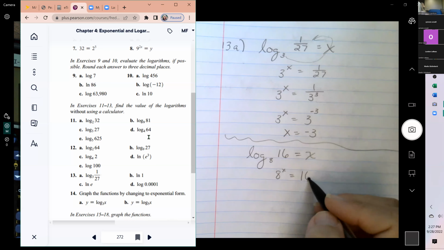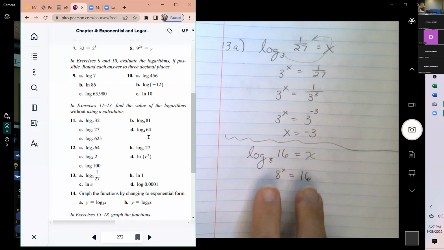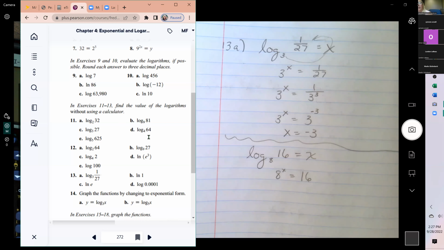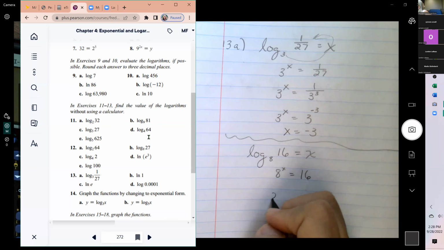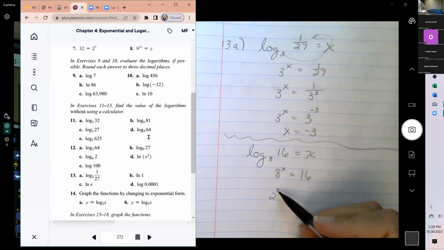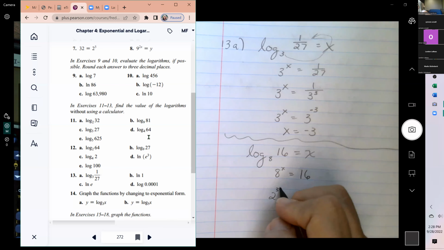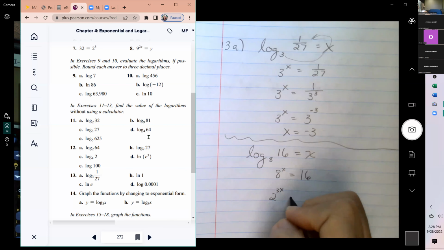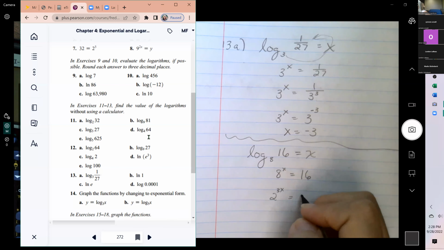We can't write this one as 8 to a power, but we could write both of them as what value? What base could we use? Yes, we can write both of them as 2 to a power. So 8 is 2 cubed, and an exponent to an exponent is multiplied. And 16 is 2 to the 4th.